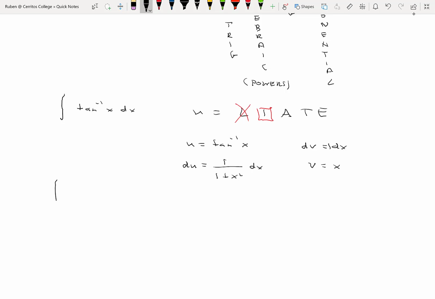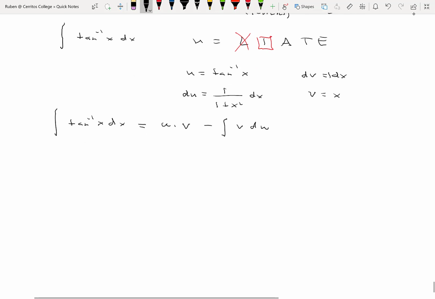So our integral of the inverse tangent of x, that's our u dv, must equal uv minus the integral of v du. We don't have to write the formula in there. I'm just writing it to get used to it. So u times v, x times the inverse tangent of x, minus the integral of v du.